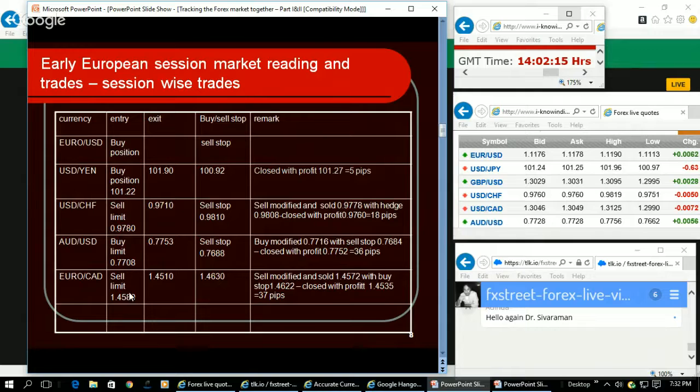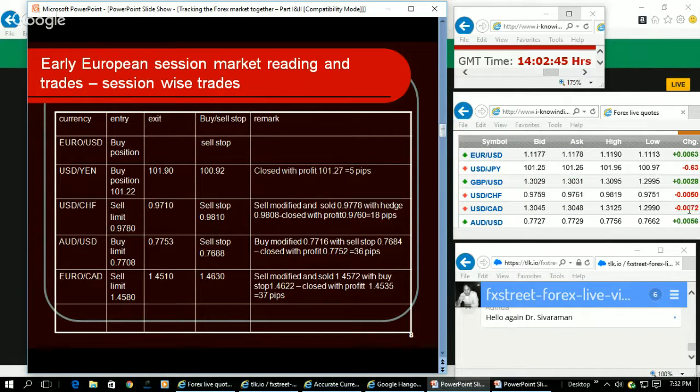First, one of the things I took is a sell limit order. I kept it at 1.4580 in the case of Euro CAD because USD CAD has breached the initial low and stayed below there and also made about 89 pips negative net change.